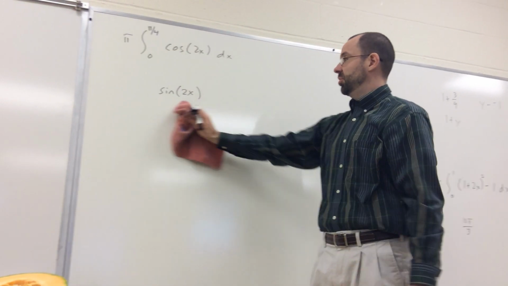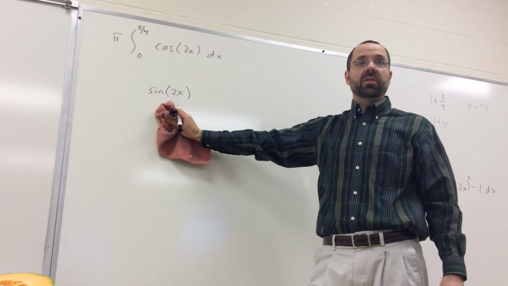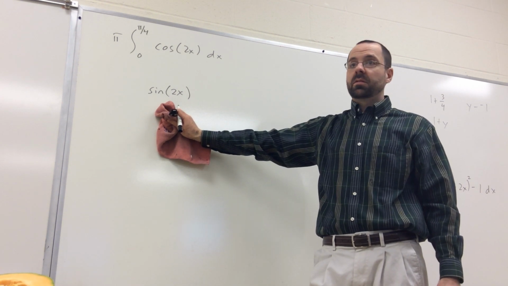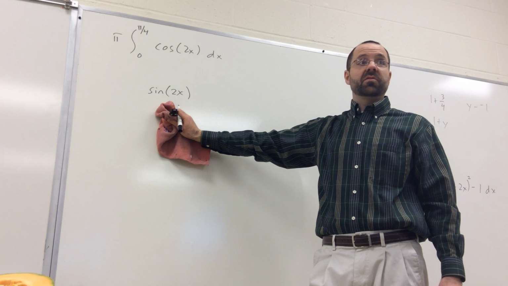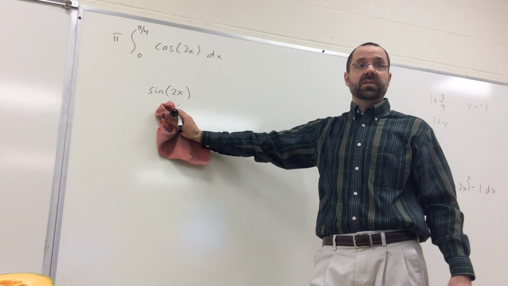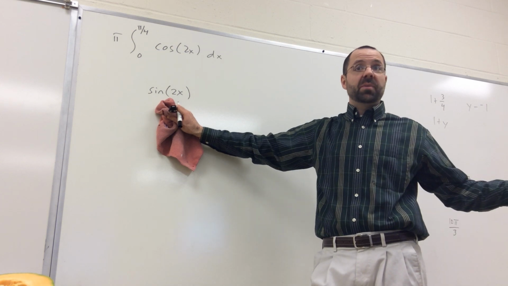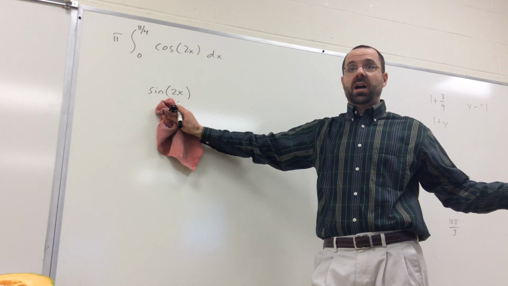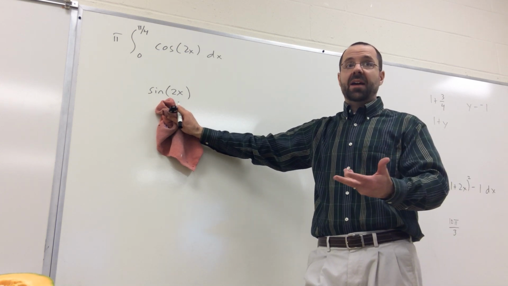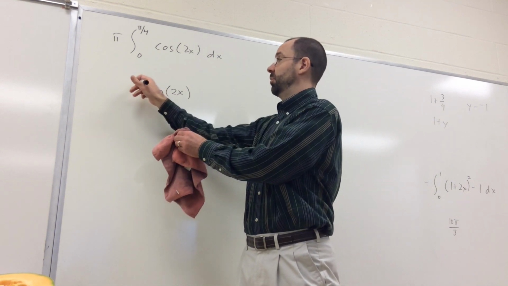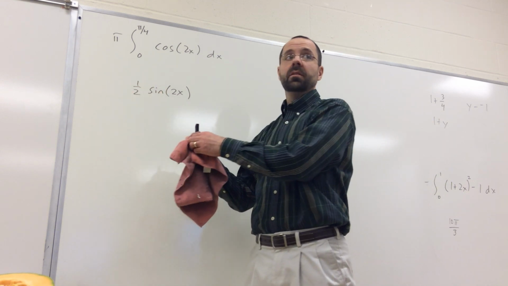So this is a good start on my antiderivative, because the derivative of sine of 2x would be the cosine of 2x. But when you take the derivative of sine of 2x, you get an extra 2 that's popping out, right? So we need to compensate that by multiplying by half. We're doing backwards chain rule here.